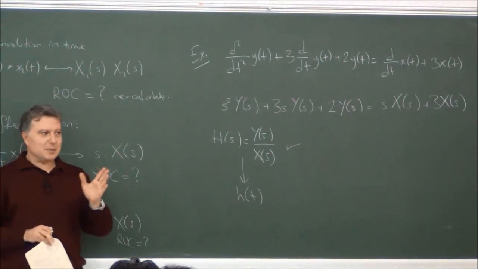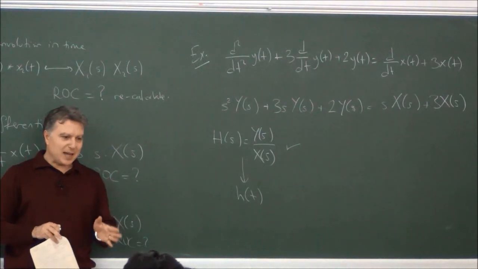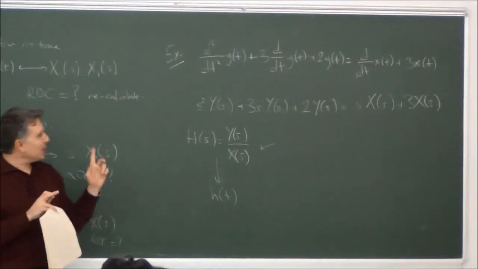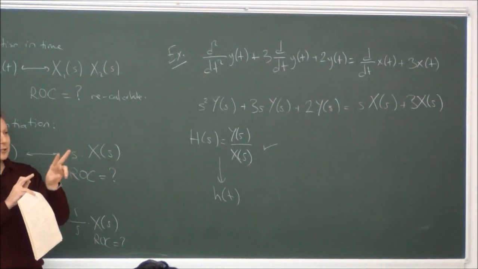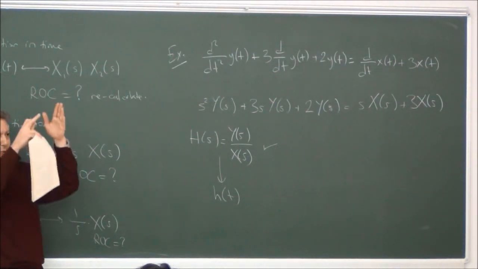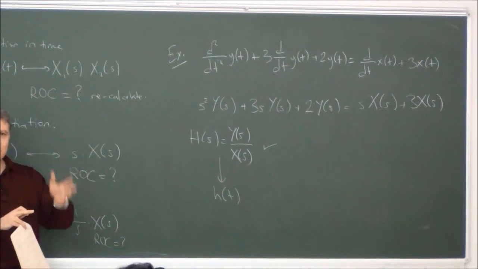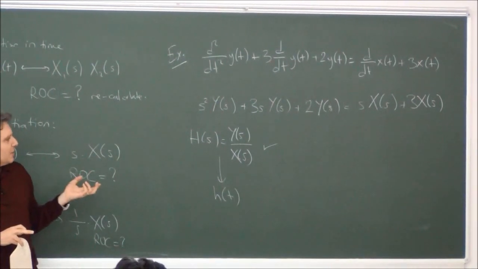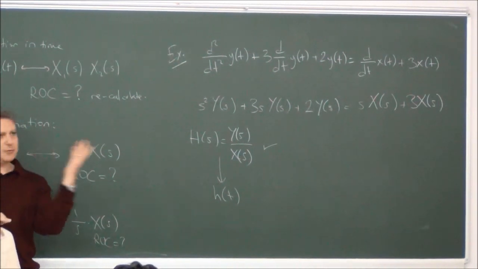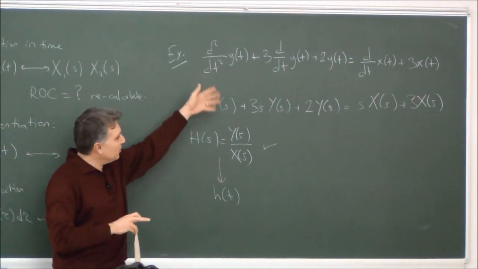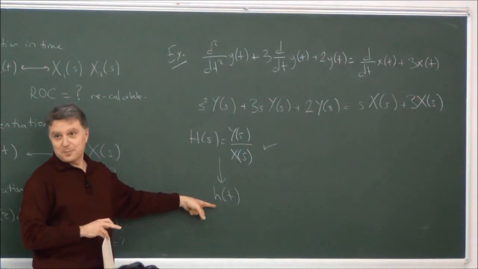So when I say stable, it means the j omega axis is included. So you have to check out the poles and the zeros, well, poles mostly, and you have to choose the two poles which cover the j omega axis, and you say that if it is stable, then it is to the right of this pole and left of this pole, and correspondingly you will find the inverse Laplace transform.